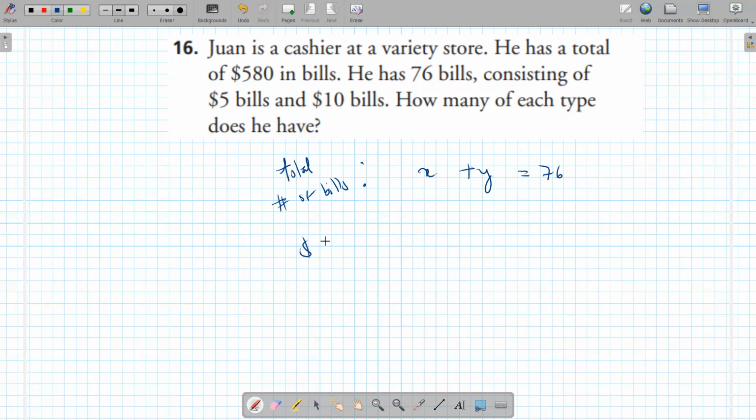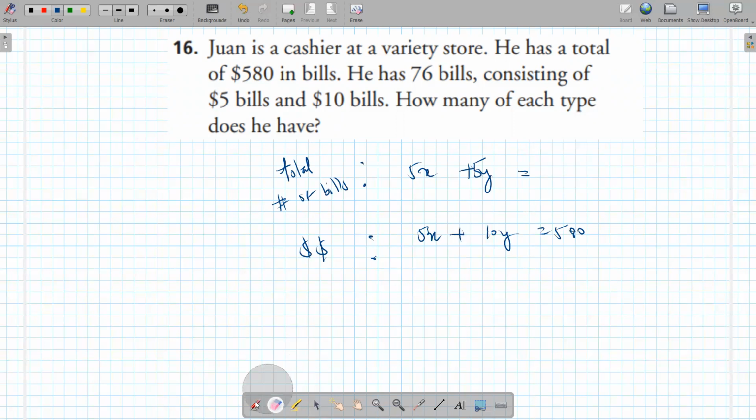What about the value? What's the equation for the money? 5x plus 10y equals 580. You can just multiply the first equation by 5, if you want to do elimination.